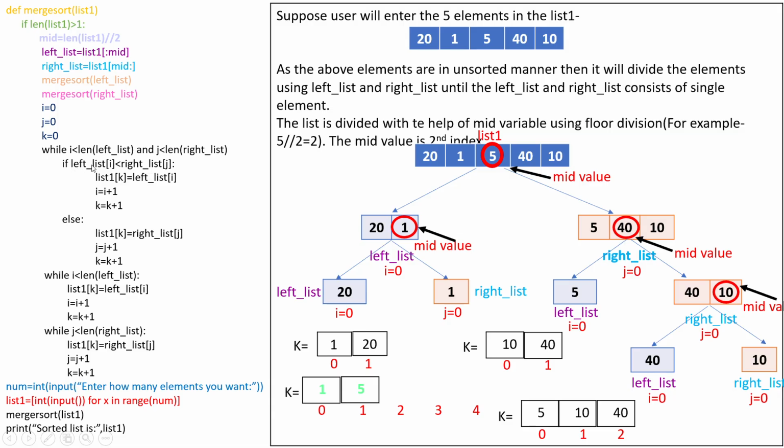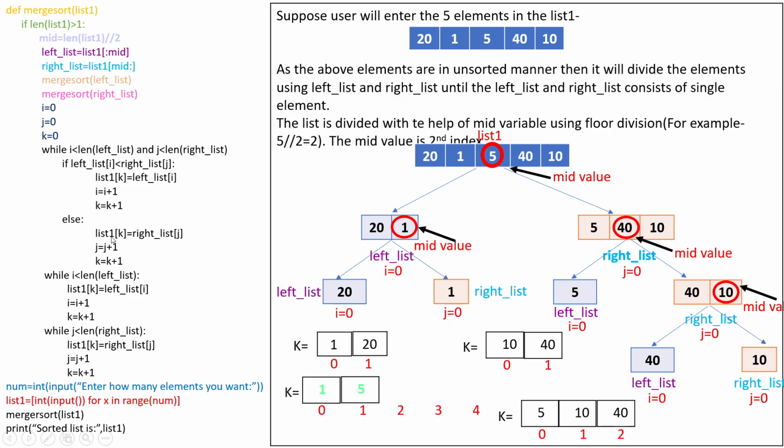If left list of i is now 1, left list of 1 is the element 20. 20 less than right list of j, which is now 1, at the first position 10. Is 20 less than 10? False, so it will go again to the else part.